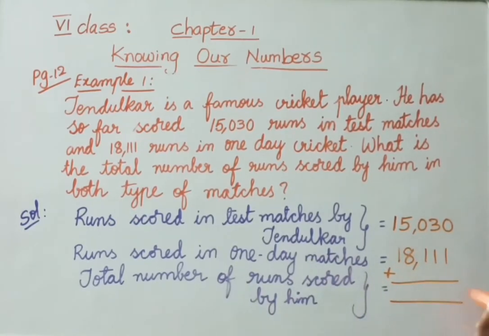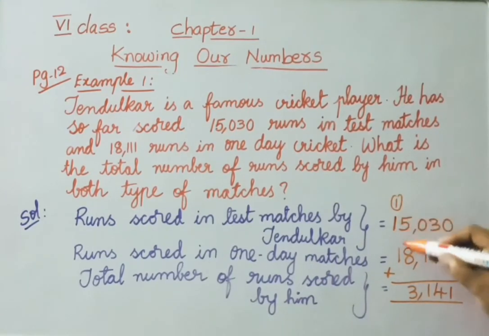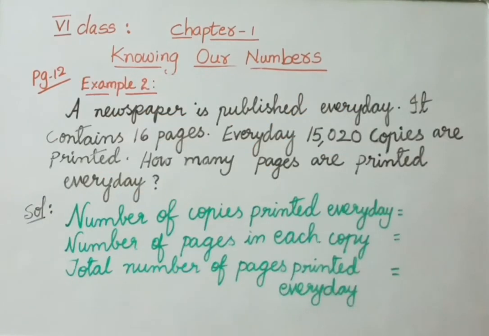Add now: 0 plus 1, 1. 3 plus 1, 4. 0 plus 1, 1. 5 plus 8, 13. So 3, carry 1. So 1 plus 1, 2. 2 plus 1, 3. So what is the total number of runs here? 33,141.